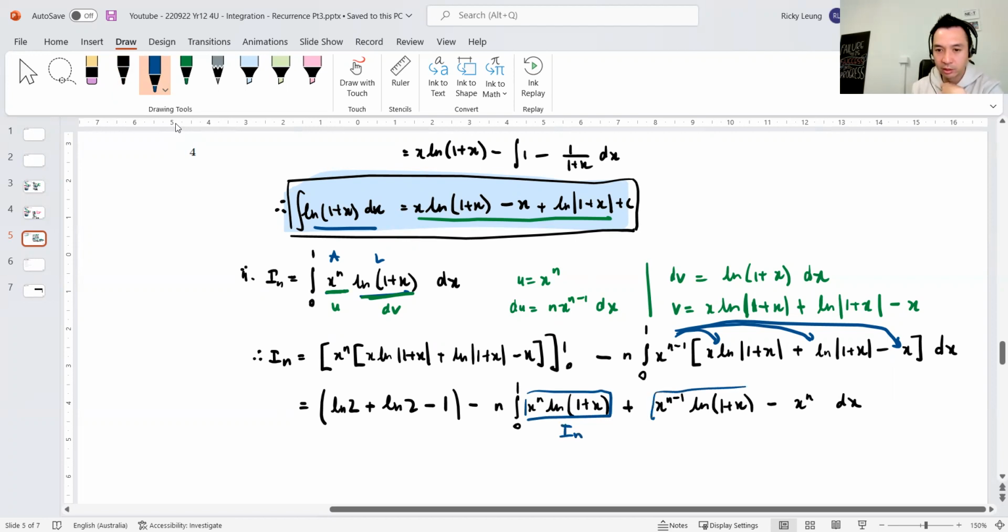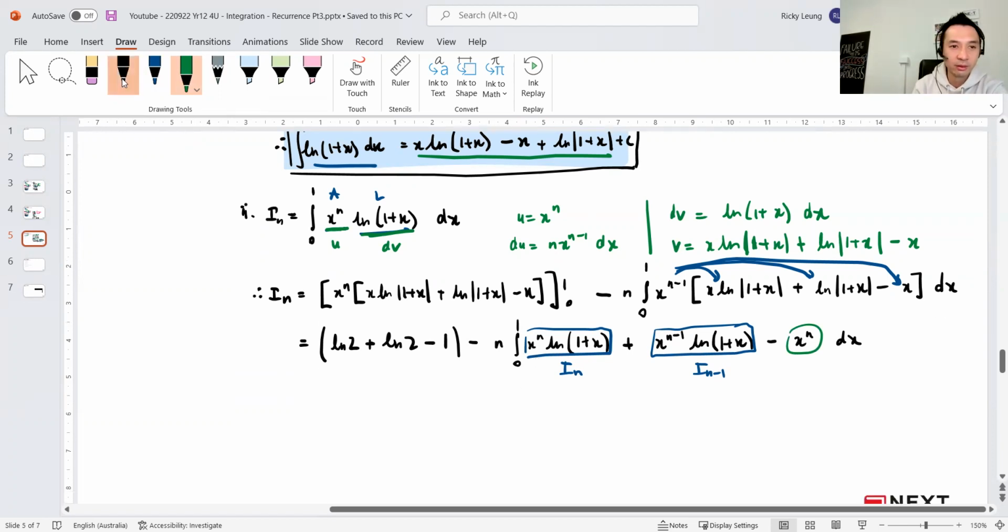This guy here, that's I_(n-1). And this guy here, I can integrate, right? Let's go now. So I go ln 2. Maybe at this point I'll expand it as well, just so I can bring the I_n over in the next step.